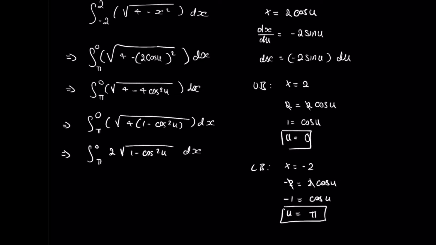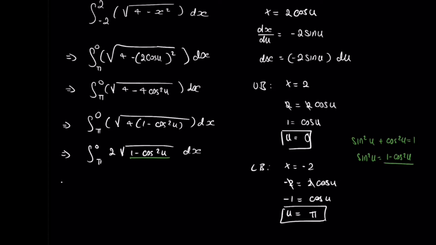Notice the expression we have inside the square root can be further simplified using the trig identity sine squared u plus cos squared u equals 1. And if we rearrange, we get sine squared u equals 1 minus cos squared u, which is exactly what we have inside the square root.